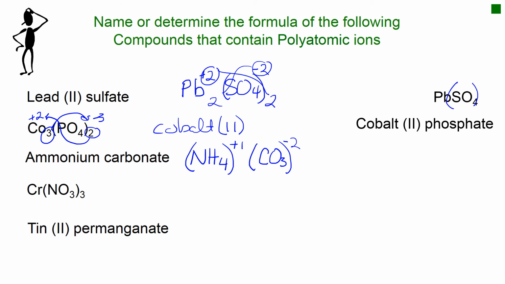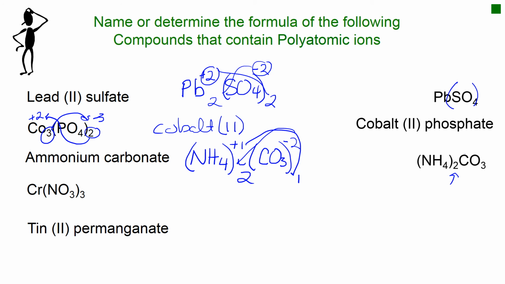So we're going to do that loop and swoop and bring the 2 down and then bring the 1 down around the CO3, 2 and 1. I'm not looping and swooping very prettily, am I? But yeah, the point is done. So (NH4)2CO3. Note that the 2 is on the outside of the parentheses. You have to have the parentheses here to indicate that you have 2 ammoniums and 1 carbonate.